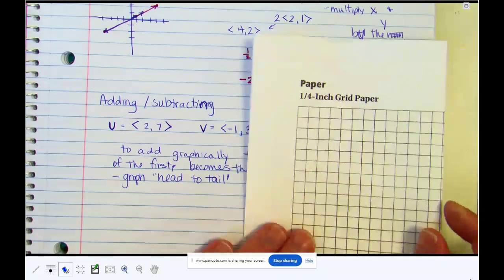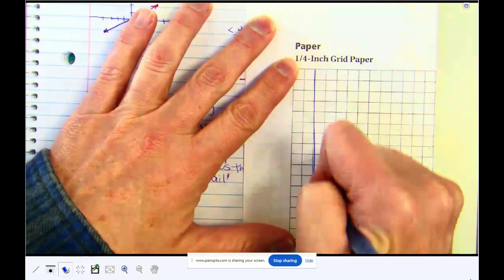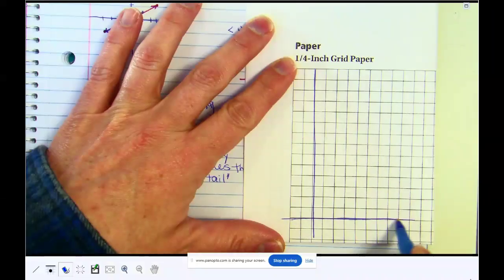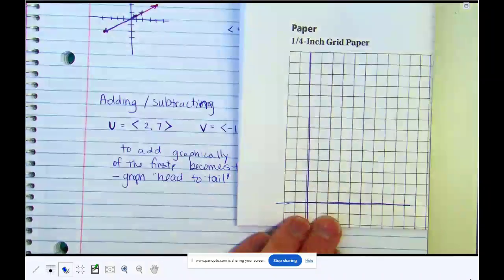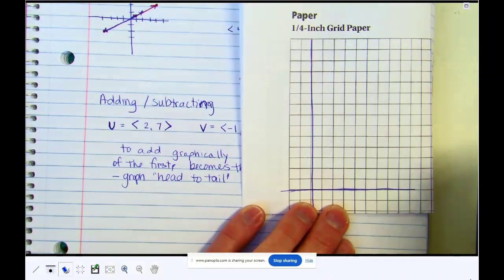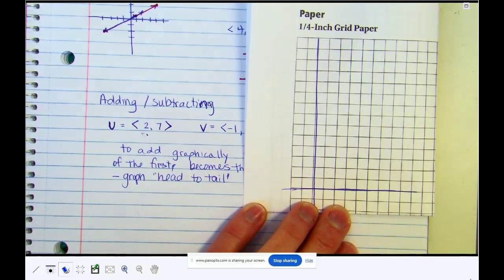Okay, so I'm going to start down. You've got to give yourself a decent amount of room here. So what I want you to do is, first of all, graph vector u for me. Okay, vector u is 2, 7.